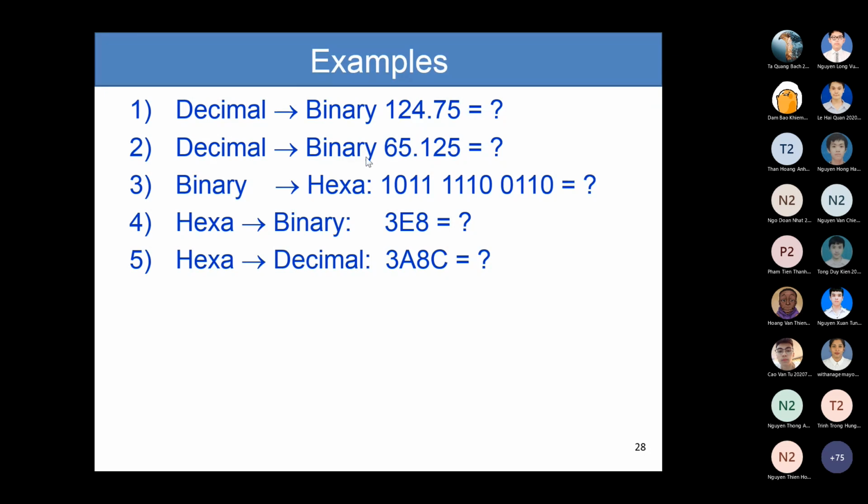The third: convert a number from binary into the hexadecimal system. The last one: convert a number from hexa to binary and from hexa to decimal. Can you do it and give the answer in the meeting chat?